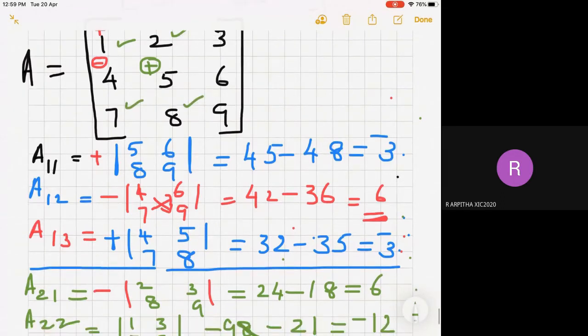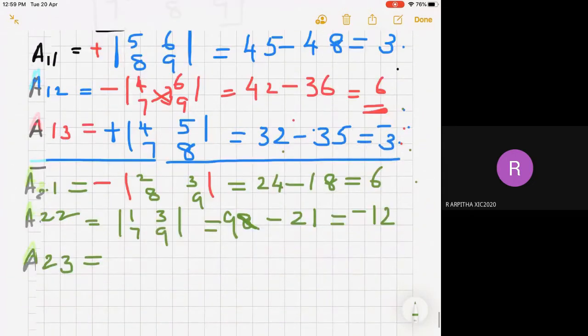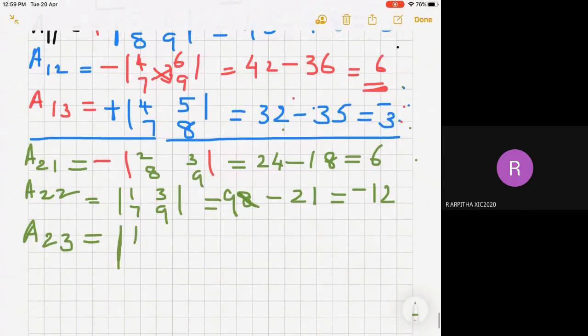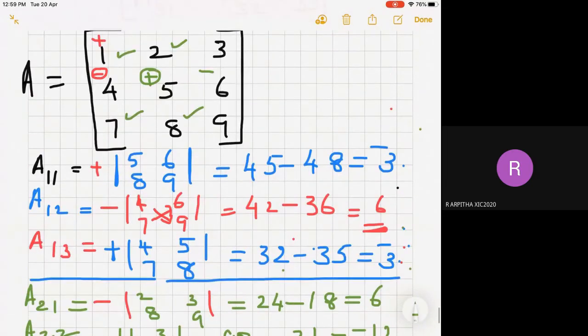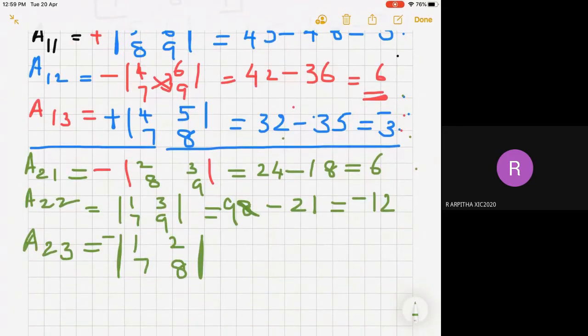Row and column containing 6, when you delete, you get four elements 1, 2, 7, 8. And what was the sign of the cofactor? It is minus. So here one minus will come. So you will do the multiplication first. This 7 into 2, 14 minus 8. So the answer is 6.